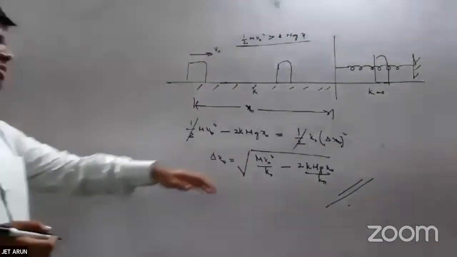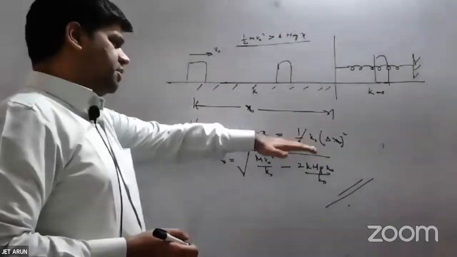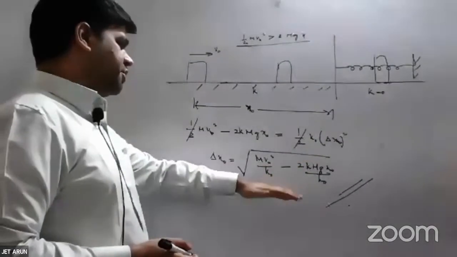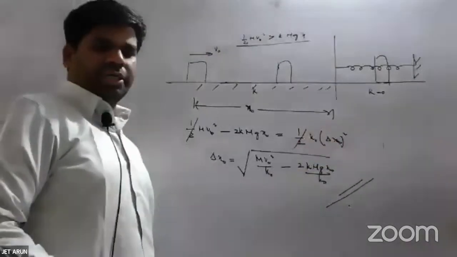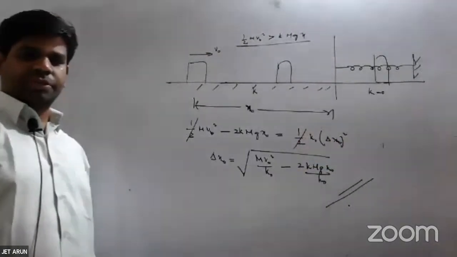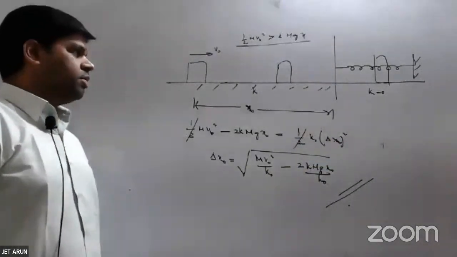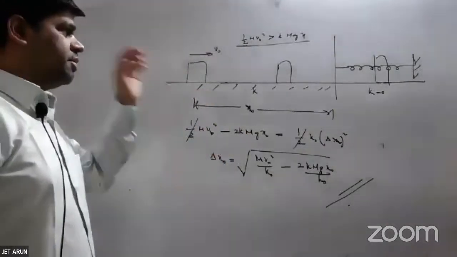All right, here my energy equation is done. This is just manipulation. I'm just simplifying the equation, isolating delta x naught, making delta x naught the subject of the equation. So the physics is done over here.